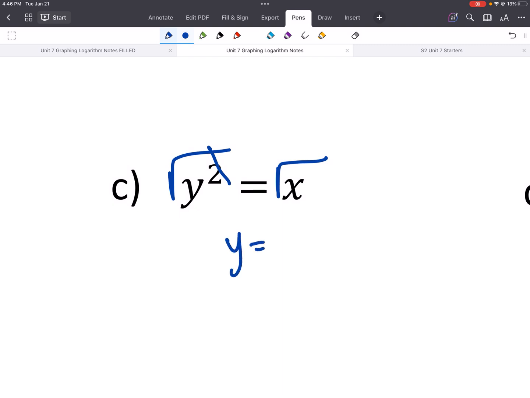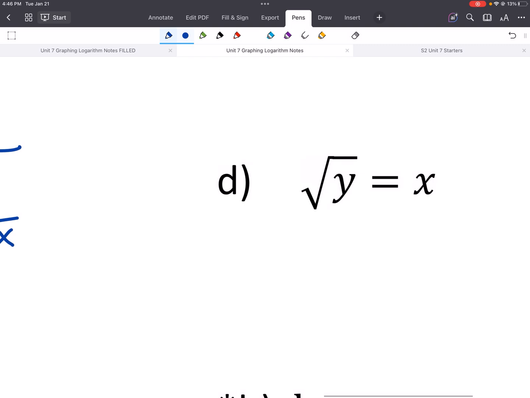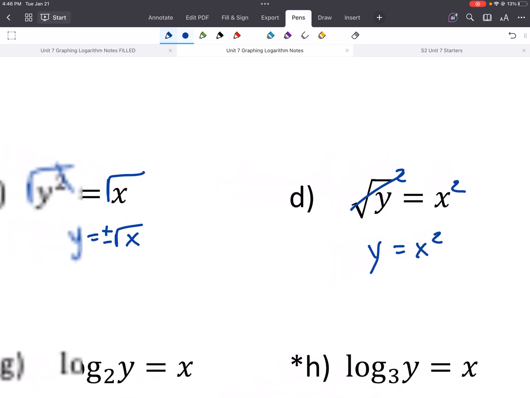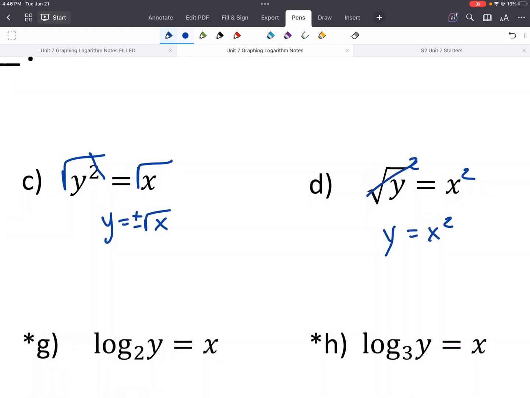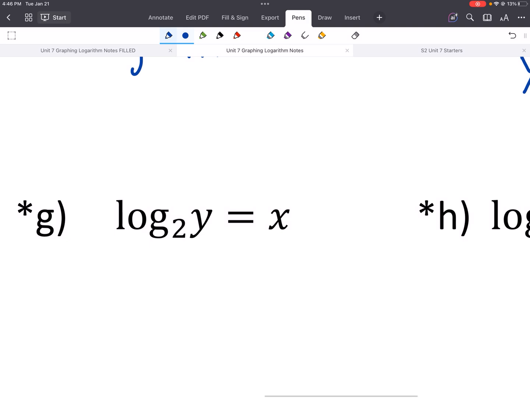So y equals the square root of x. It really should be plus or minus. Okay. The opposite of square rooting would be squaring. Okay, so those are inverse operations.